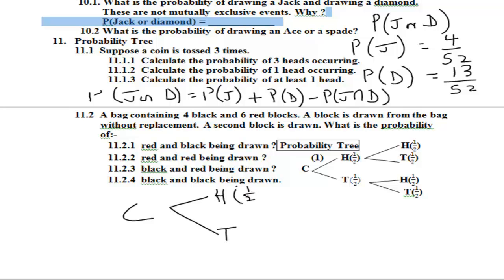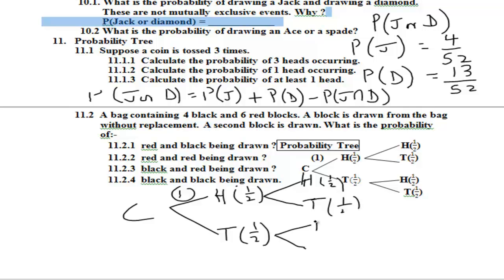So the probability of getting a head is half, the probability of a tail is another half. That's on your first toss. The second time when you toss a coin, remember they're independent, so you can get a head or a tail, and that's half and that's half as well.